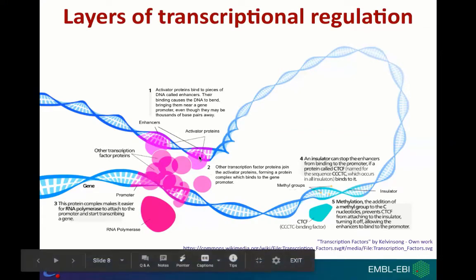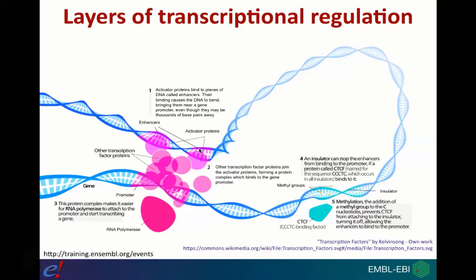More distantly located from the promoter are other regulatory features such as enhancers. Enhancers bind their own subset of transcription factors. Again, the transcription factor proteins will have a motif that they specifically bind within the DNA that will be found within the enhancers.